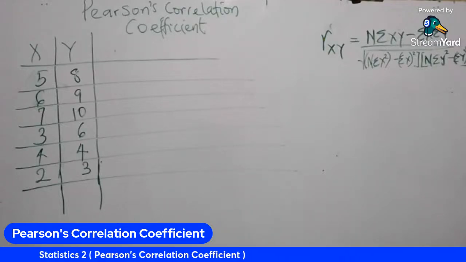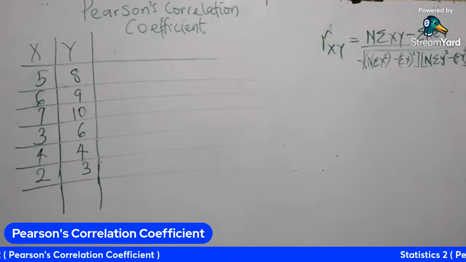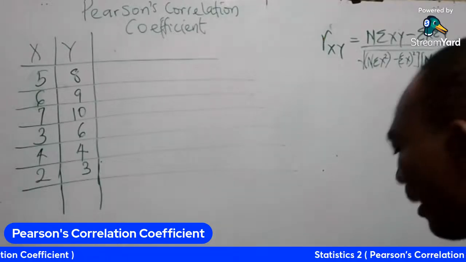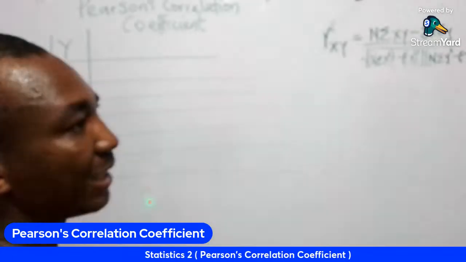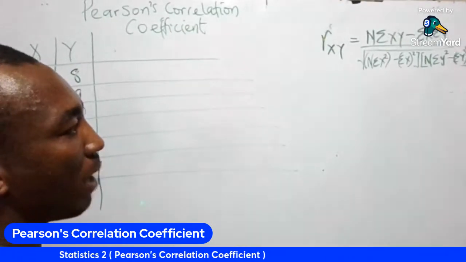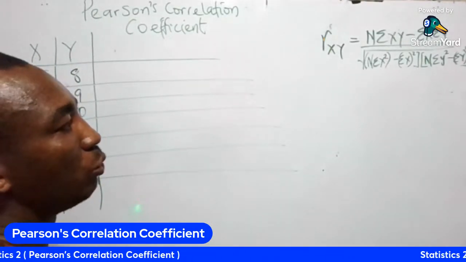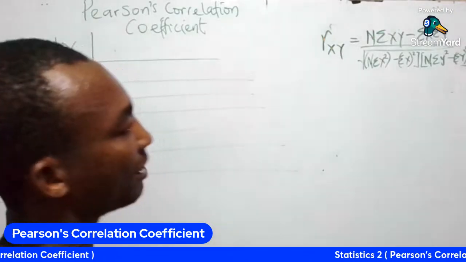When you look at this, it is quite different from the Spearman ranking, where you have to rank all the values and look for the difference. But when you look at the formula here, you see that there are different things there.